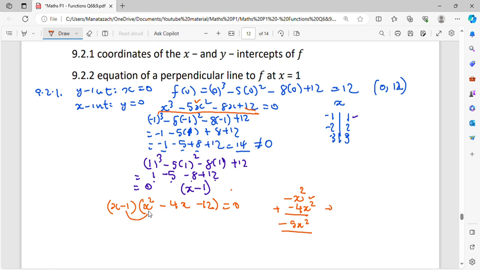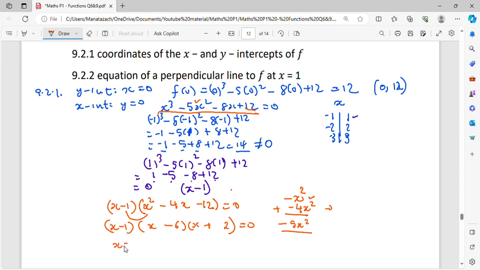Now we can further factorize this quadratic function. So this one will work out as x times x. The factors of 12 are 6 and 2, where 6 is negative and 2 is positive, equals to 0.